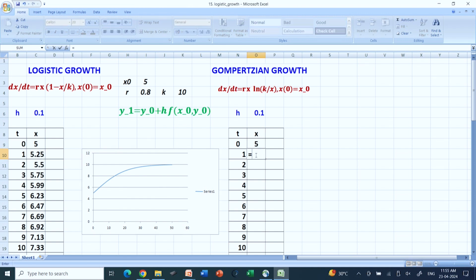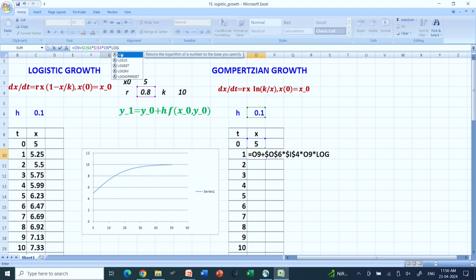So I will take here, this is equal to, I have the same x0, or I put this one as x0 plus h times, which is a constant, times this is your r, which is again a constant, r times x, and then multiplied by log. So here it is log, here it is log 10.